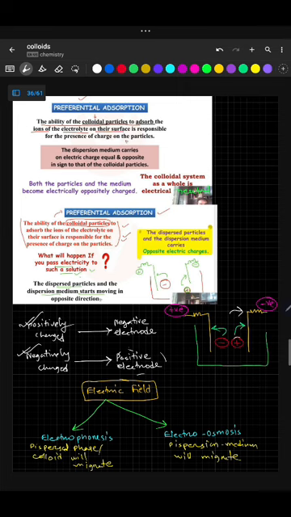One of them is electrophoresis and another one is electroosmosis. What happens in electrophoresis is that the dispersed phase in the colloid migrates, and in electroosmosis the dispersion medium migrates.